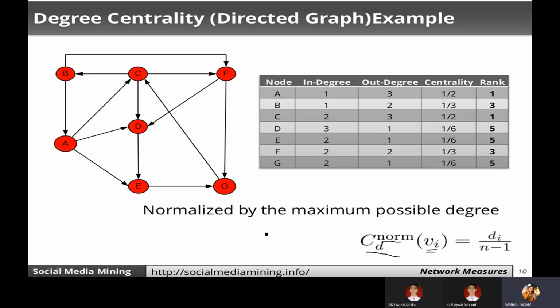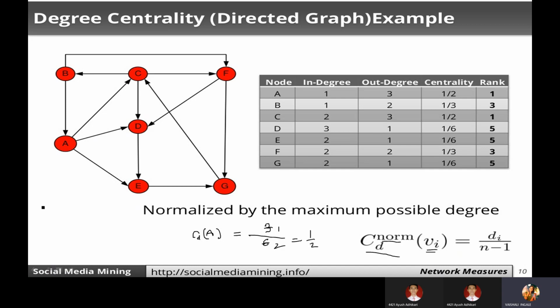As it is a directed graph, we focus only on the out degree. So the centrality of vertex A is the out degree of A, that is 3, divided by the number of vertices minus 1. The number of vertices in this graph is 7, so it is divided by 6. Ultimately it becomes 1 by 2.